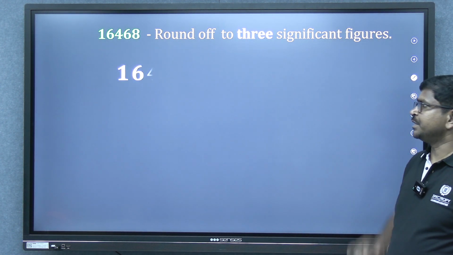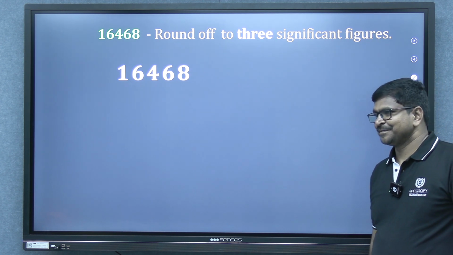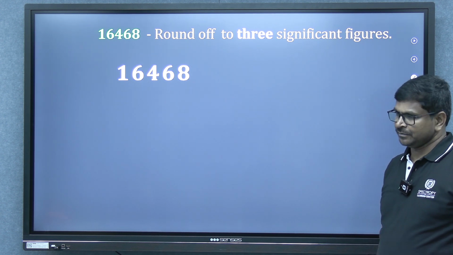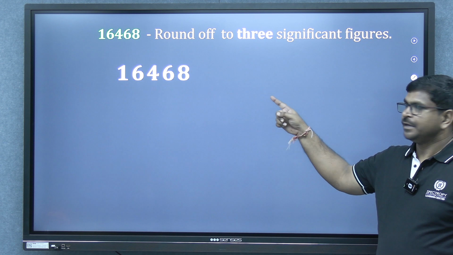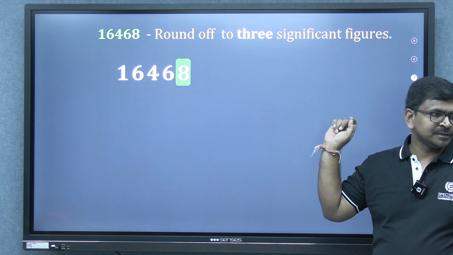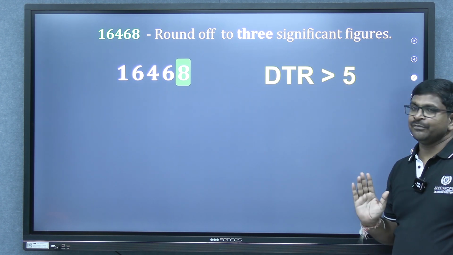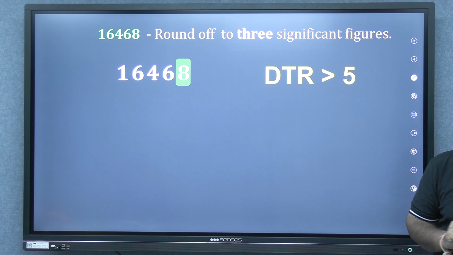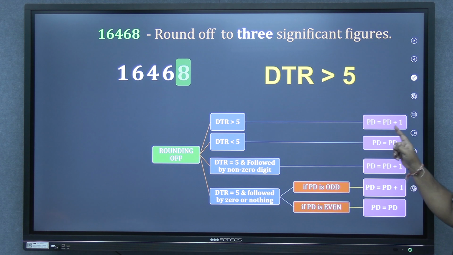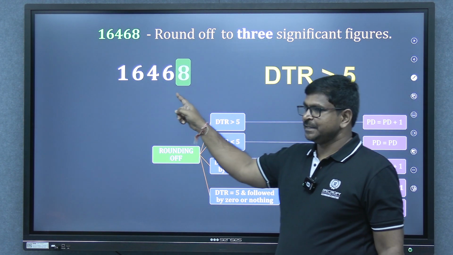So in this number, what is the first DTR? 8. So here 8 is the DTR. How is it? Greater than 5. So for DTR greater than 5, what is our rule? PD equal to PD plus 1. What is PD here? 6.